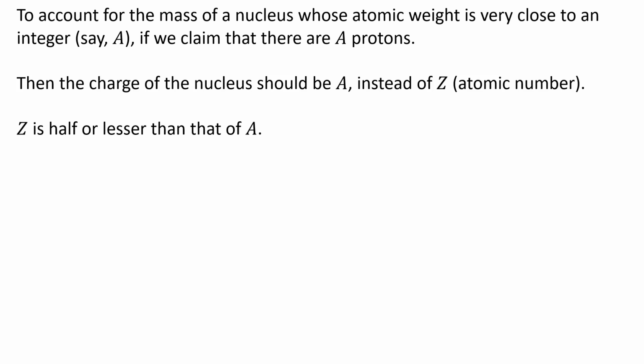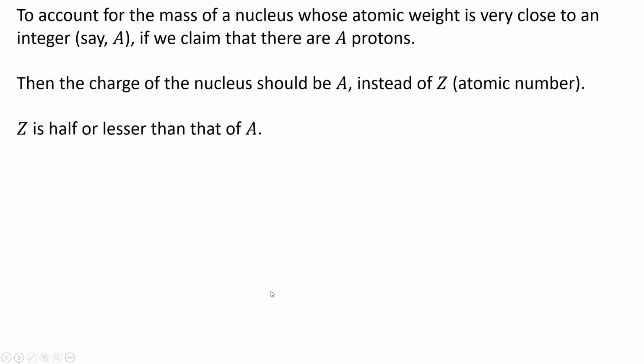But if the nucleus has A protons, then the charge is not compensated, because the charge of the nucleus would be A instead of Z. Z is usually half or lesser than A, which means that if the nucleus is completely full of protons, then atomic charge neutrality can never be achieved, because there are Z electrons which would contribute a charge of minus Ze, whereas the protons would have a plus e, the charge being the same with opposite sign.